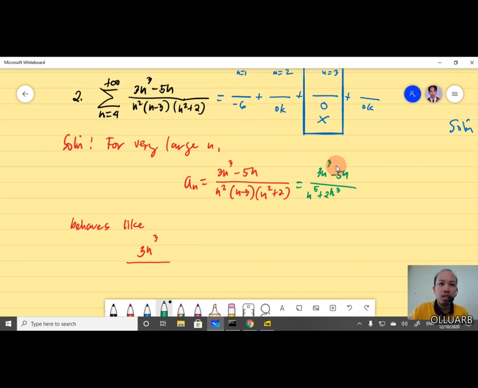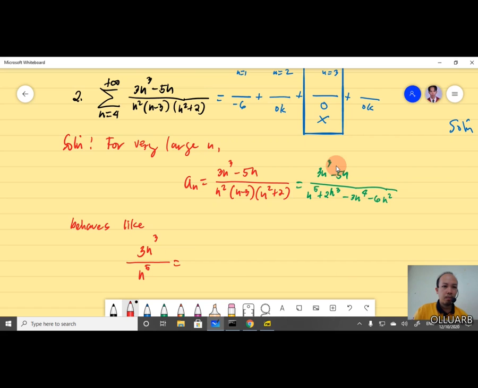Negative 3 times n squared times n squared is negative 3n to the 4, and negative 3 times 2 is negative 6n squared. So the highest exponent is 5, so we have n to the 5.